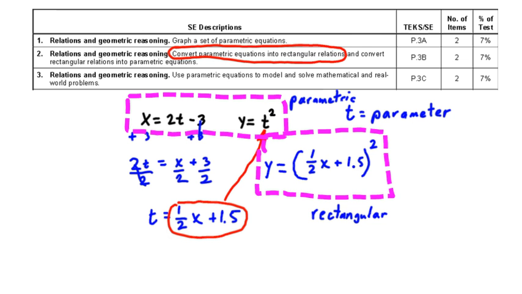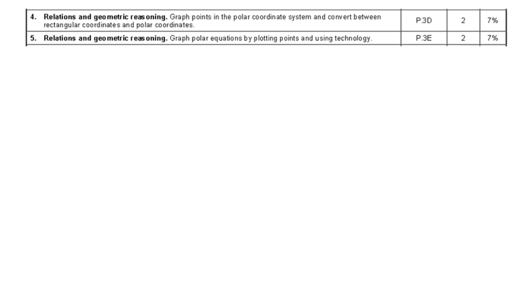Okay. Now we're to 4 and 5. Polar equations. Graph polar equations by plotting points using technology. What happens is we have r equals 3 cosine 2 theta.